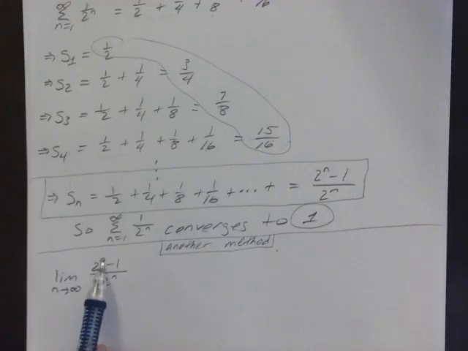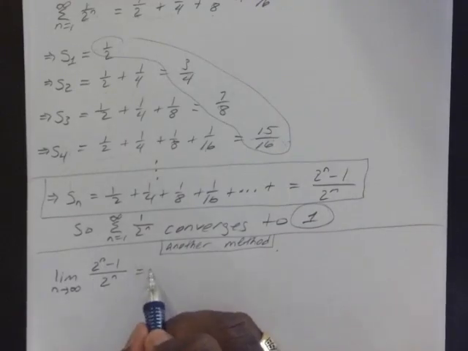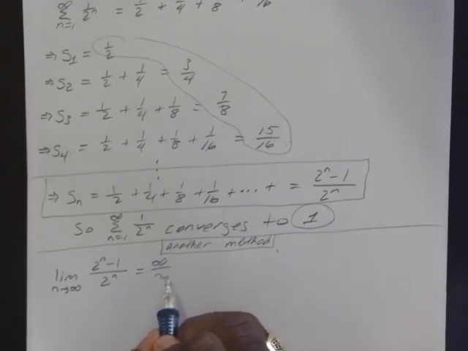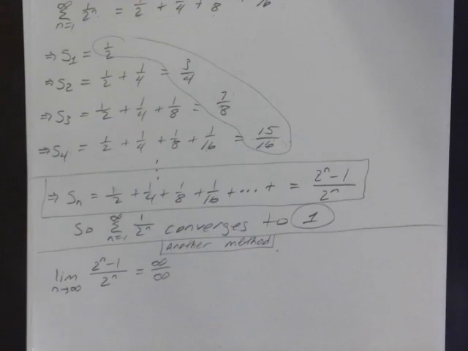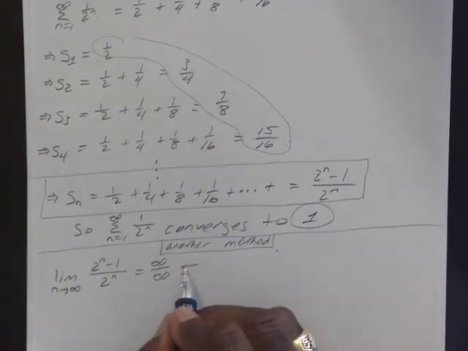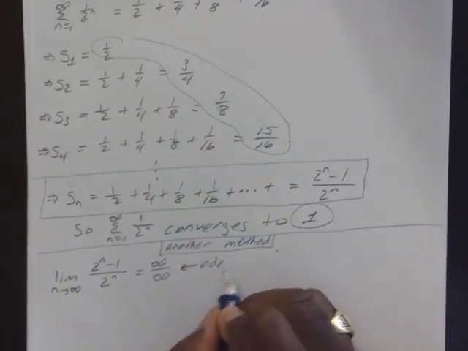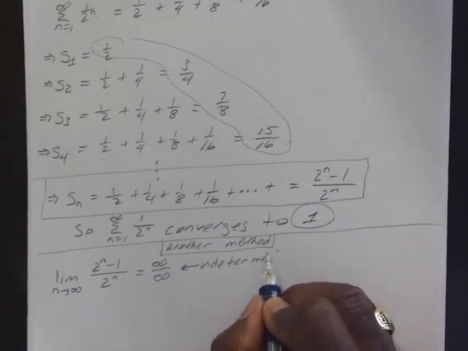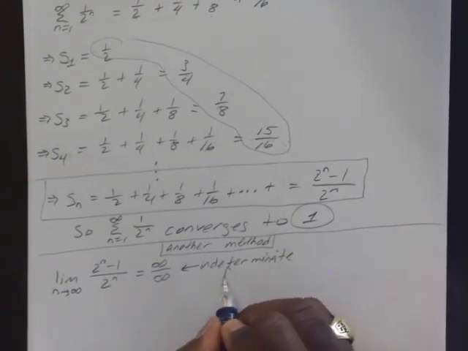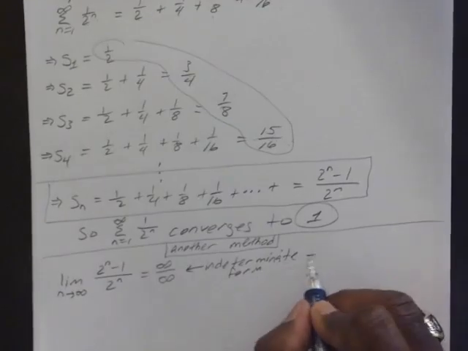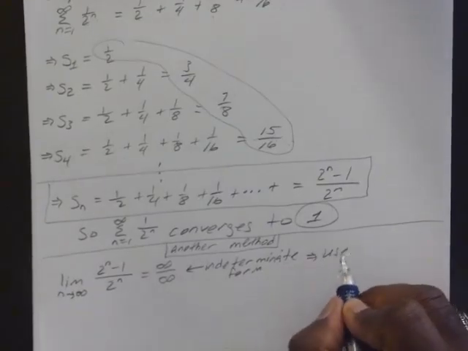You can see as n gets bigger, the numerator and denominator both get bigger and bigger. So you have infinity basically over infinity, which is an indeterminate form. Which means we can use L'Hopital's rule.